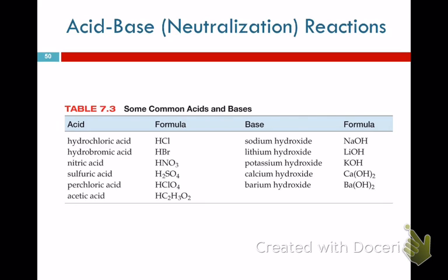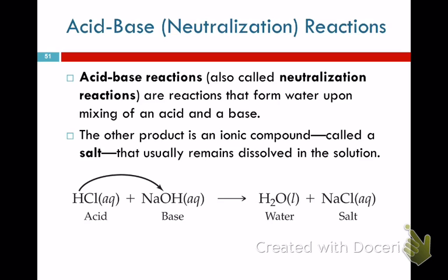A lot of the other antacids are things like aluminum hydroxide. Right? OH, it's a base, so it's an acid-base reaction. So, neutralization reaction is another name for an acid-base reaction.